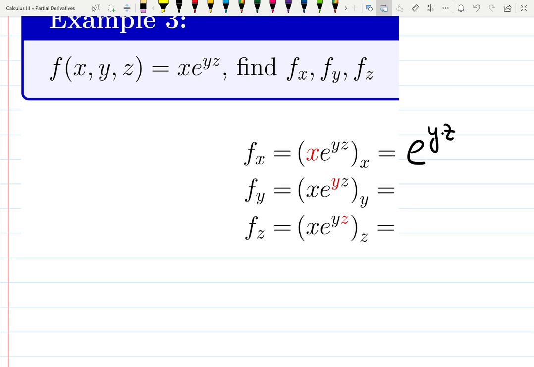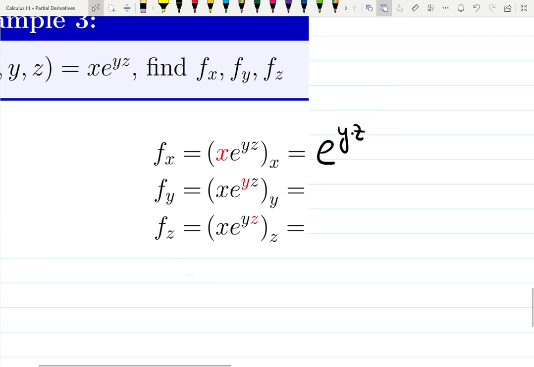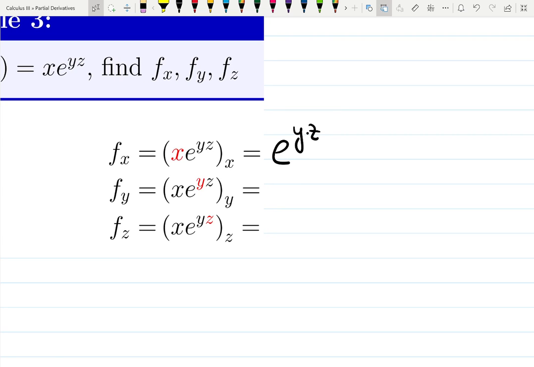With respect to y, it gets more interesting. Now y is a variable, right? So x is a constant and z is a constant. Is this product rule or not? Not yet. We're going to get product rule soon, but not yet. X and z are constants. This is also good notation, by the way: parentheses, and then x over here. That is also a decent notation saying we're taking the derivative. Sometimes people even put a prime over there.